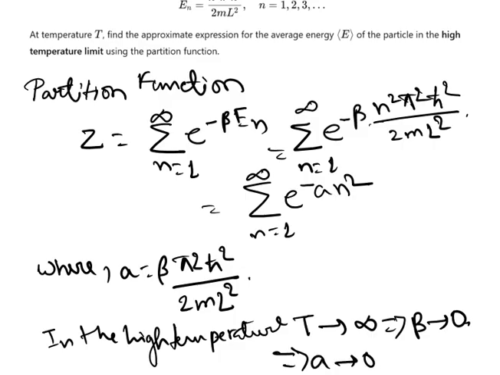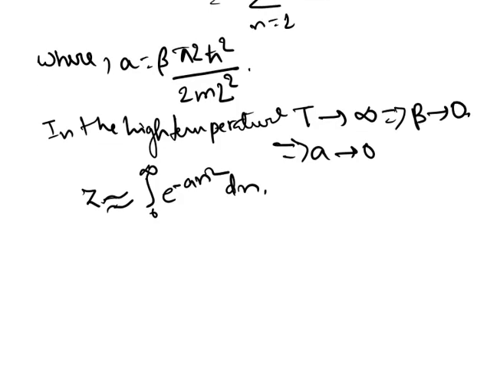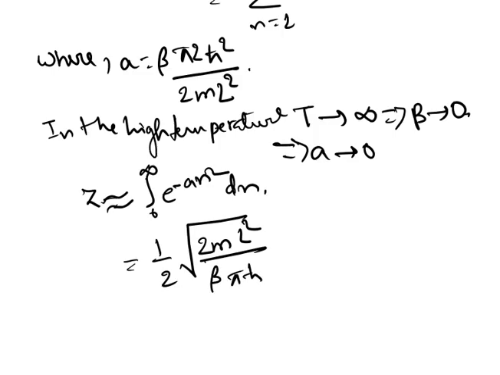So we can approximate the sum as an integral: Z = integral from 0 to infinity of e^(−a n²) dn. So it will be half root of (2 m L² / (β π ħ²)).